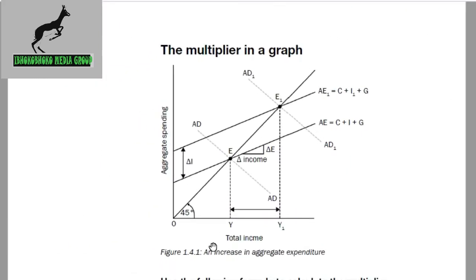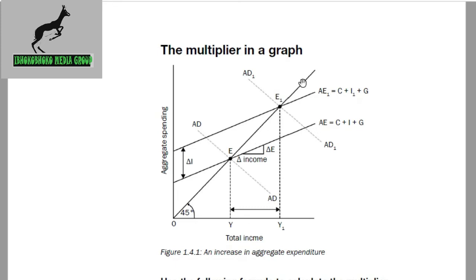We are showing the effect of the multiplier using a graph. Here is where the graph starts, at 0. On the vertical axis, we have aggregate spending, and on the horizontal axis we have income. The 45-degree line shows the points where expenditure and income are equal.